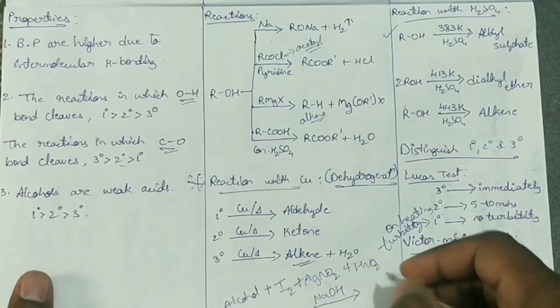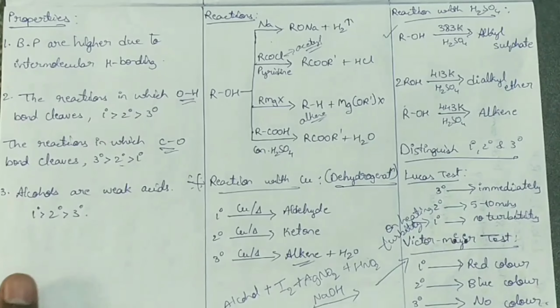This is the Victor-Meyer test, and a primary alcohol gives a red color. A secondary alcohol gives a blue color, whereas a tertiary alcohol does not give any color at all.